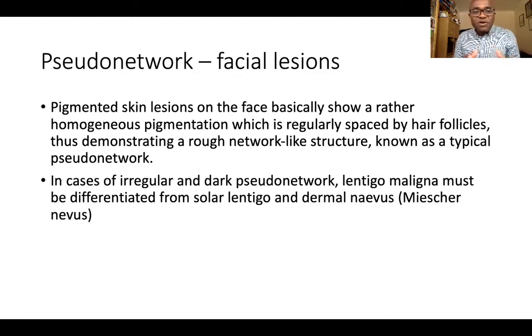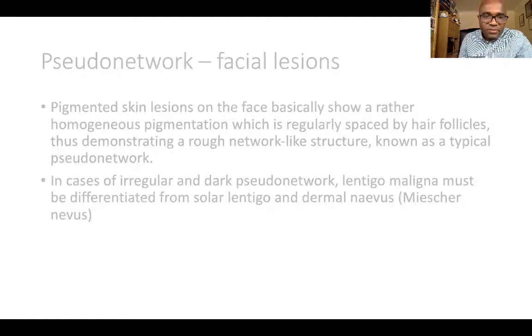So in cases of irregular and dark pseudo network, you always need to think about a lentigo maligna as a differential diagnosis from a solar lentigo and a dermal nevus, usually the mature type of nevus, which you find typically on the face of most adults.